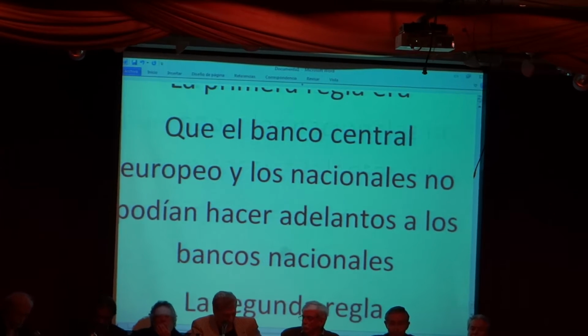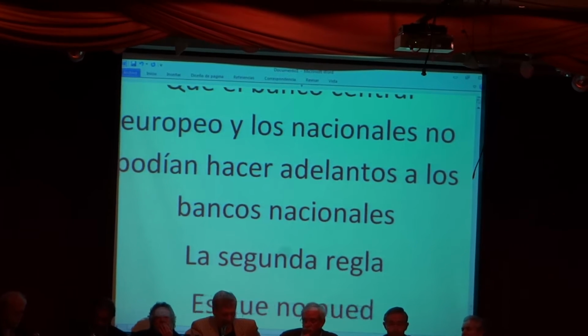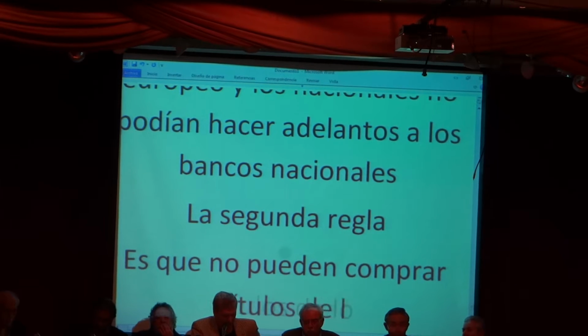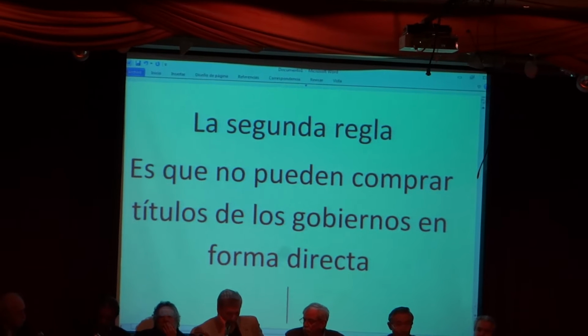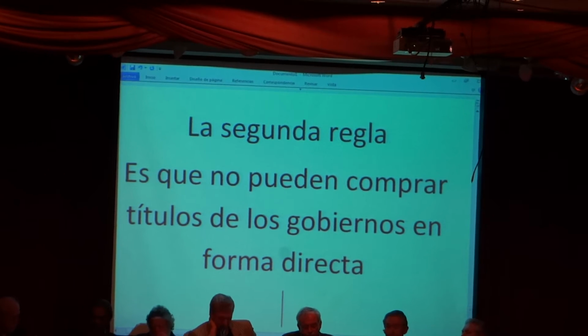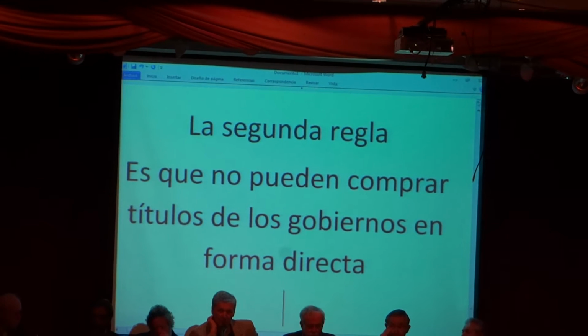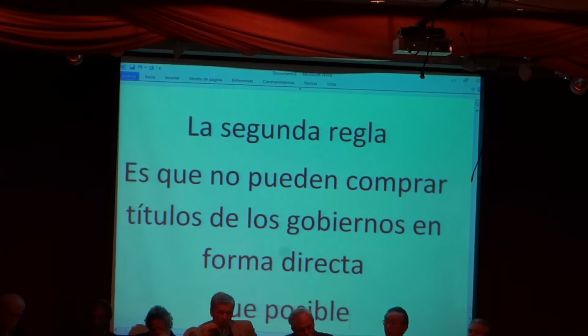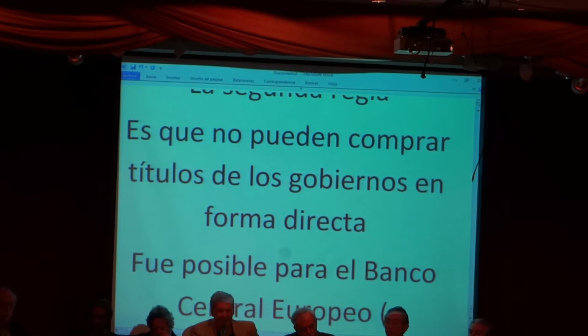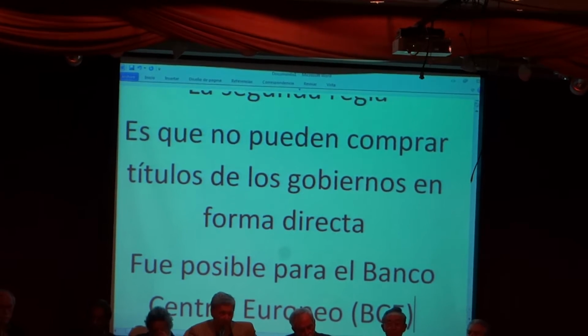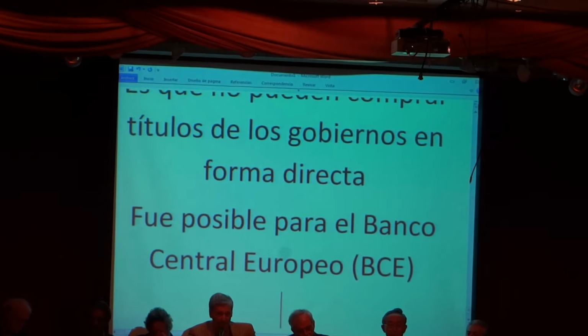The third rule was that the only thing the ECB was supposed to do was to make advances to the banks, to the commercial banks.